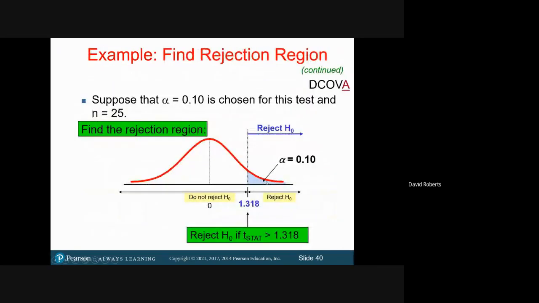So this is a right tail test, and we're given a level of significance of 10%. So in other words, if the p-value is less than 0.1, we're going to reject. If the p-value is larger than 0.1, we fail to reject.